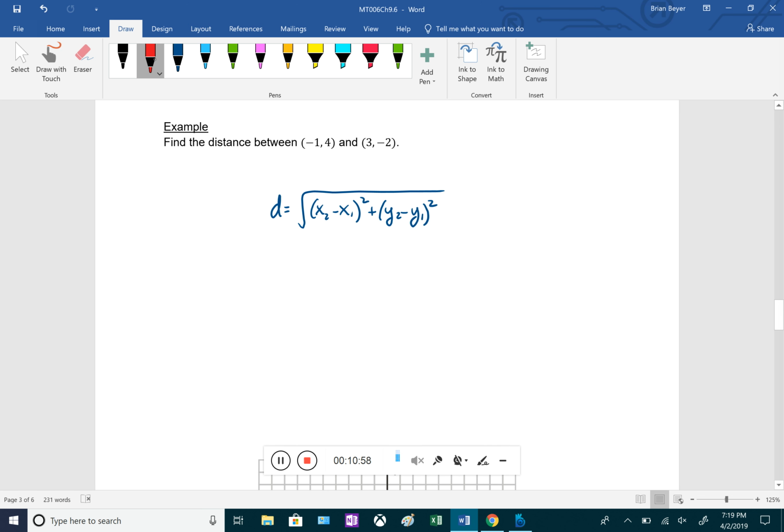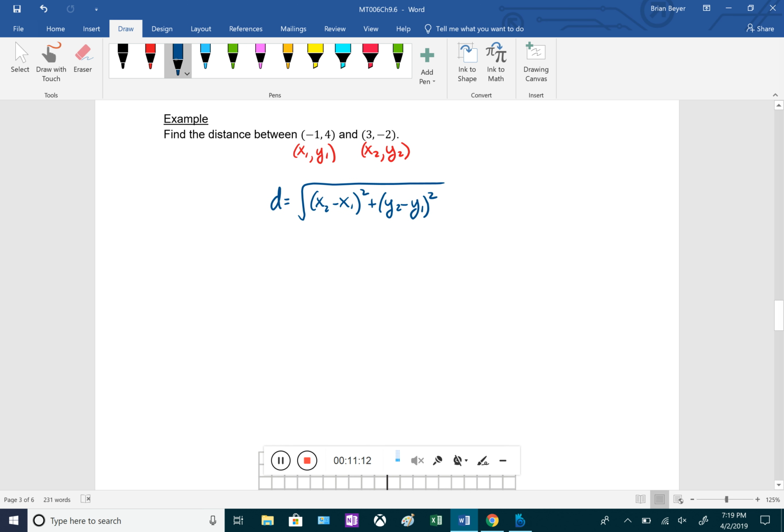So we have two coordinates, so once again, we have x1, y1. We can just let the first one be x1, y1, the second one be x2, y2. And we're going to plug those in. So the distance between those two coordinates is going to be the square root of x2 minus x1, so that's 3 minus -1 squared, plus y2 minus y1, that's -2 minus 4 squared.